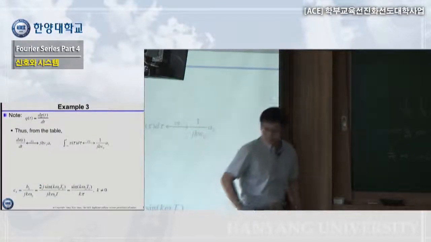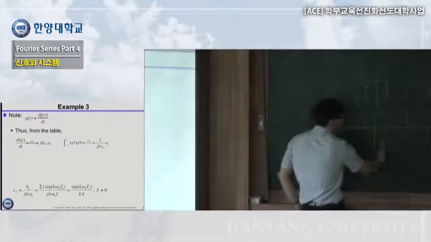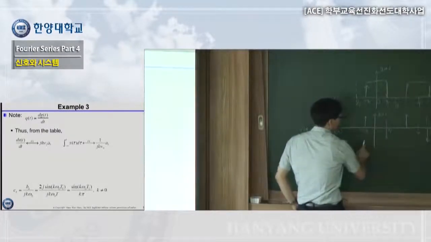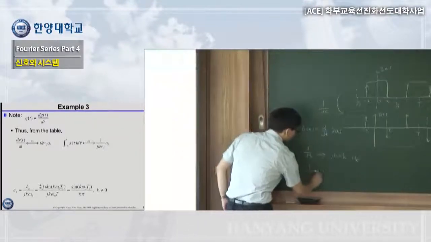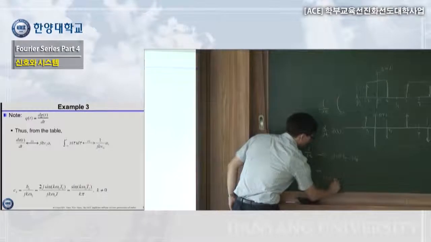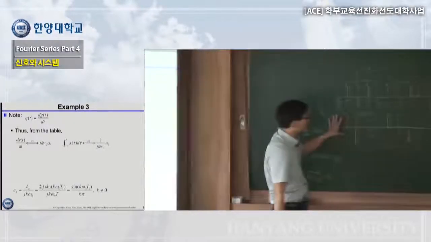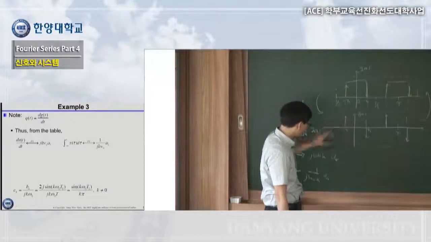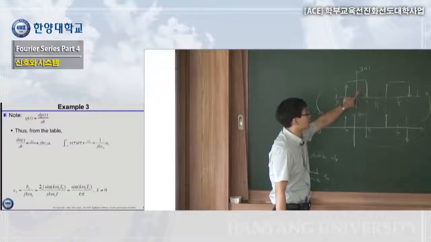If you already know the Fourier series coefficient of this, then you can do the integration. For integration, the coefficient will be a_k over j omega 0 k. So we already know the Fourier series coefficient of this. You just divide by j omega 0 k, and then you will find the Fourier series coefficient of this.